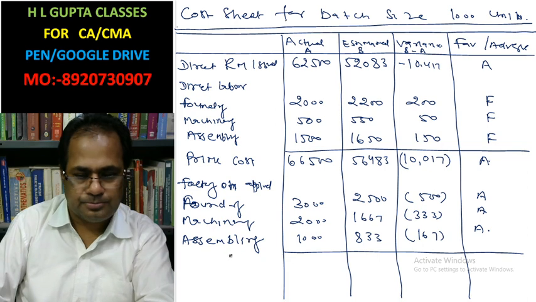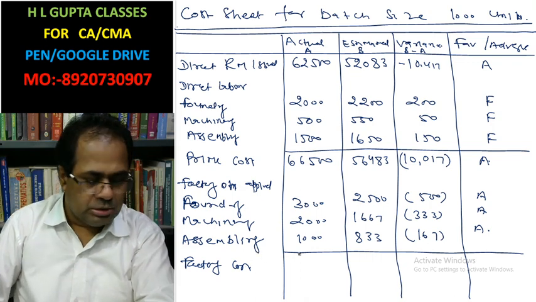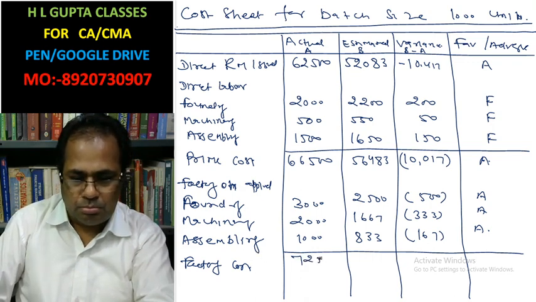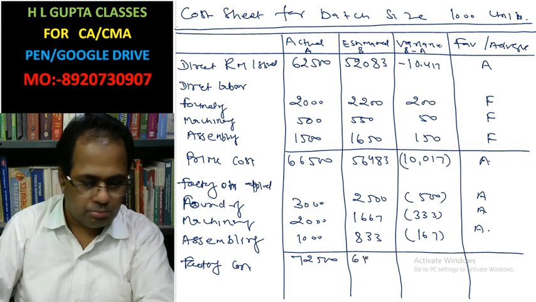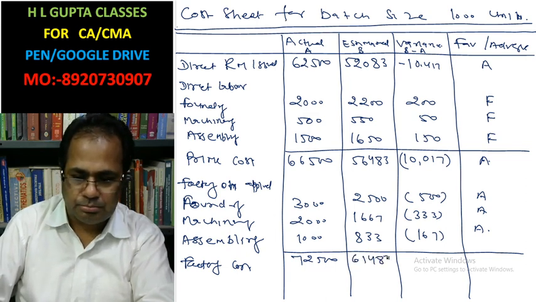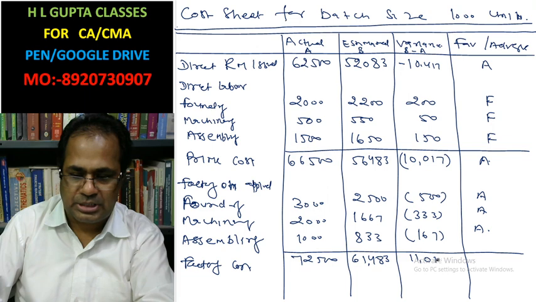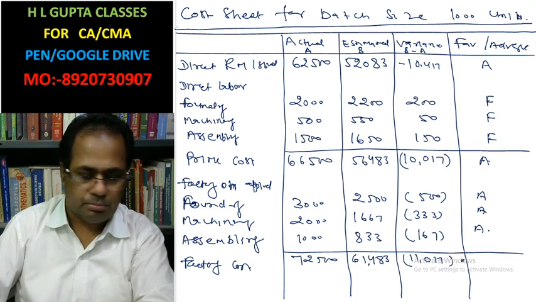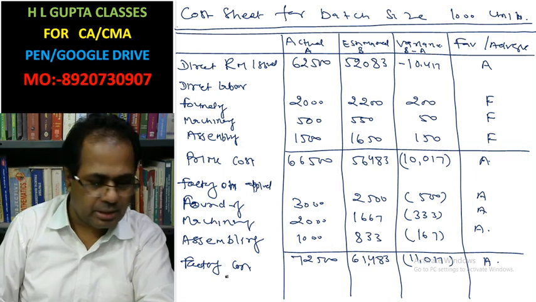Factory cost: 72,500 actual, 61,483 estimated, 11,017 adverse. This is factory cost per thousand.